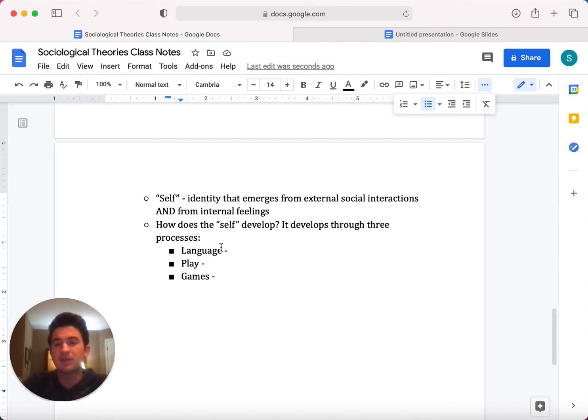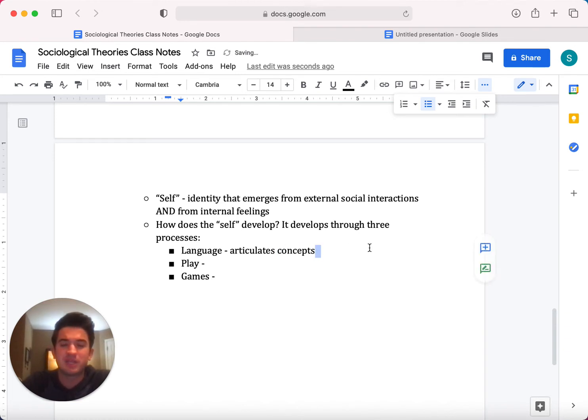So the self can be developed through language, according to George Herbert Mead. He said that the way that we speak and the things that we say determine how we feel about who we are, okay? So language articulates concepts.